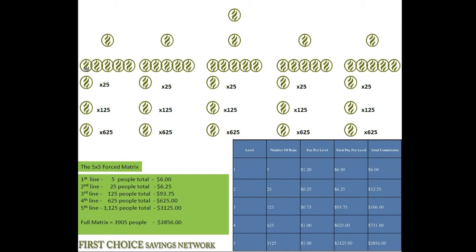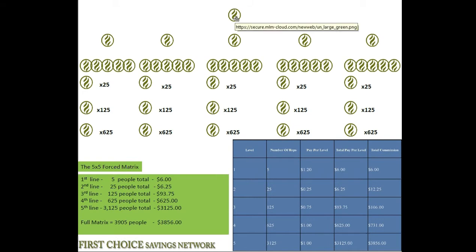So do the math and figure this out. If you have 5 underneath here and you have 25 underneath this guy right here, so there's 25, so 5 underneath each of these spots here. This guy's going to be getting the income off of that. So the first level, he's got his 5, so he's not paying his fee. Then he's got his second level full. That's $12.25 off of that.